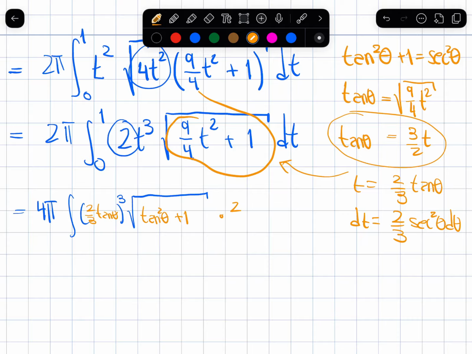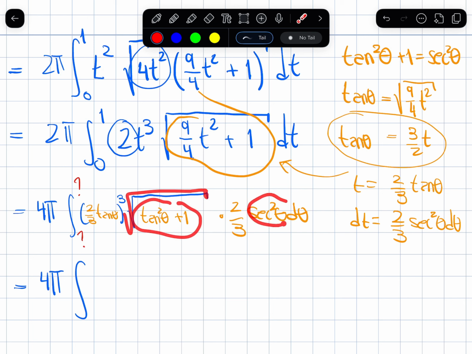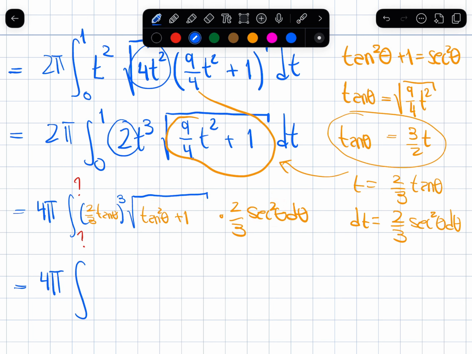I'll take the square root of that. It's going to be just the secant, but I already have a secant squared here. So I'm going to handle it as 2. All of this I'm going to write as 2/3 of secant cubed d theta.